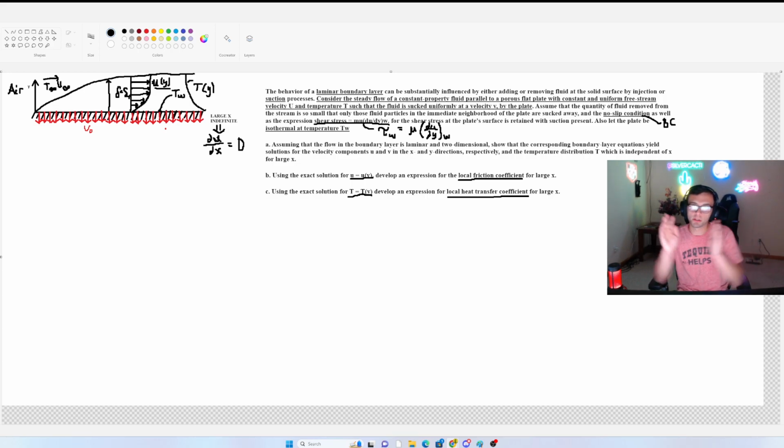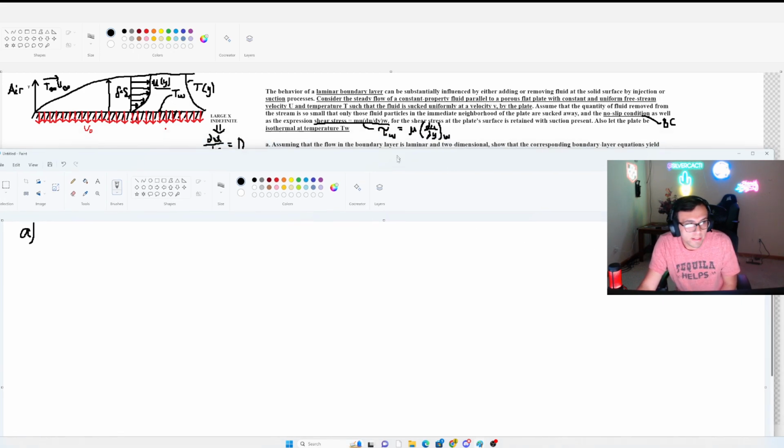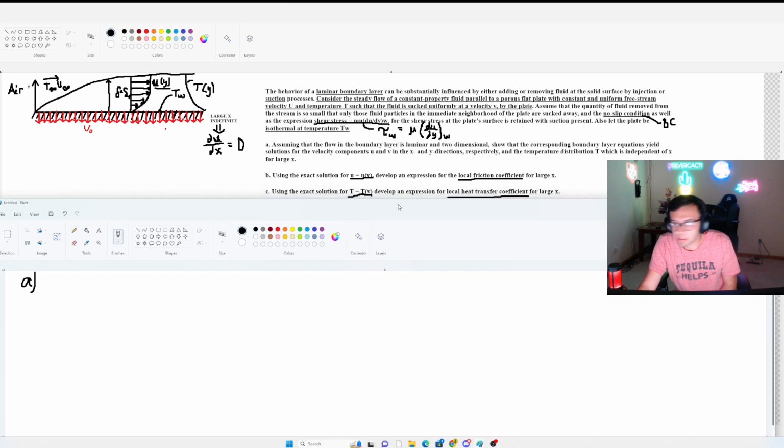That's what we're doing in the first part, and finding the temperature and velocity distribution on this boundary layer. So, with that in mind, let's get right to it. So we're gonna have this second part kind of like right here. I know it's gonna be kind of disorienting, but we'll go with it.